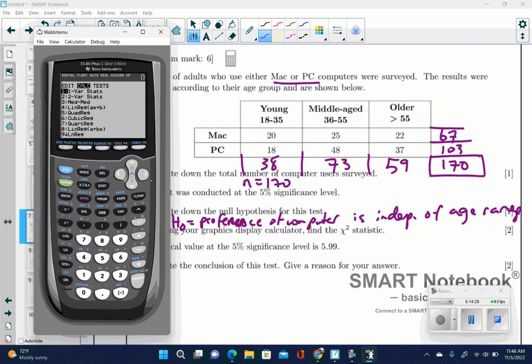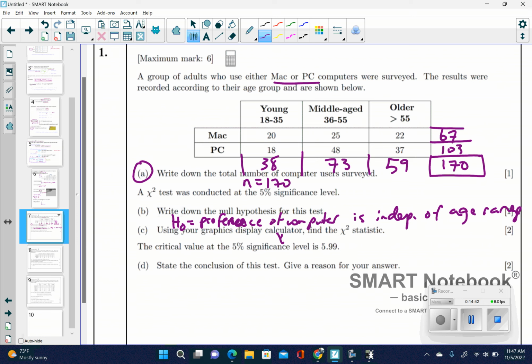You're going to go over to tests and go to a chi-squared test, which is right here. And then you just keep hitting enter, enter, enter, and it gives us our variables, right? It gives us chi-squared is 3.71. You can round that. So chi-squared is about 3.71.